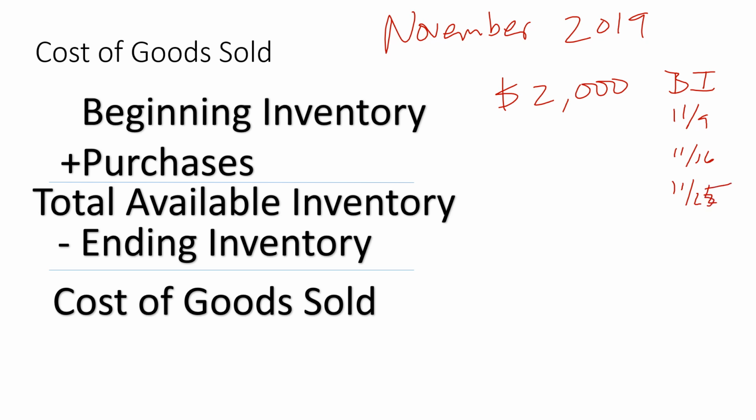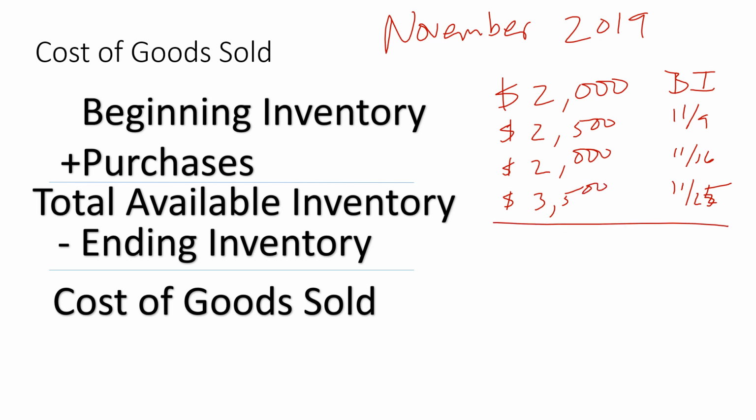On the 9th, we received an order of $2,500. Now we get this information from all of our invoices that we receive. On the 16th, there was an invoice of $2,000, and on the 25th, we have an invoice of $3,500.